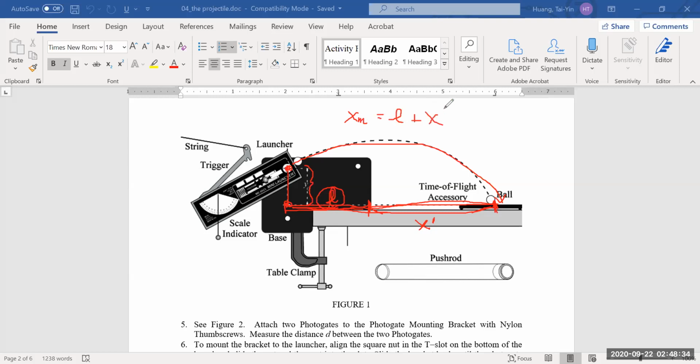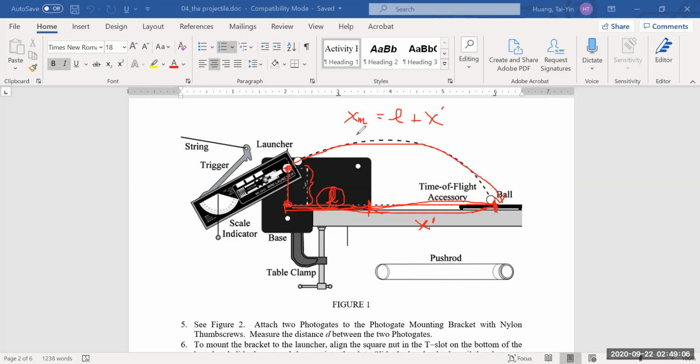Based on this diagram, we know that L does not change, and your X prime is the average value of the 5 data points. For each angle, you're going to have the experimental value of the horizontal displacement, and you're going to change the angle from 5 degrees all the way to 85 degrees in some increment. We're going to go over that.